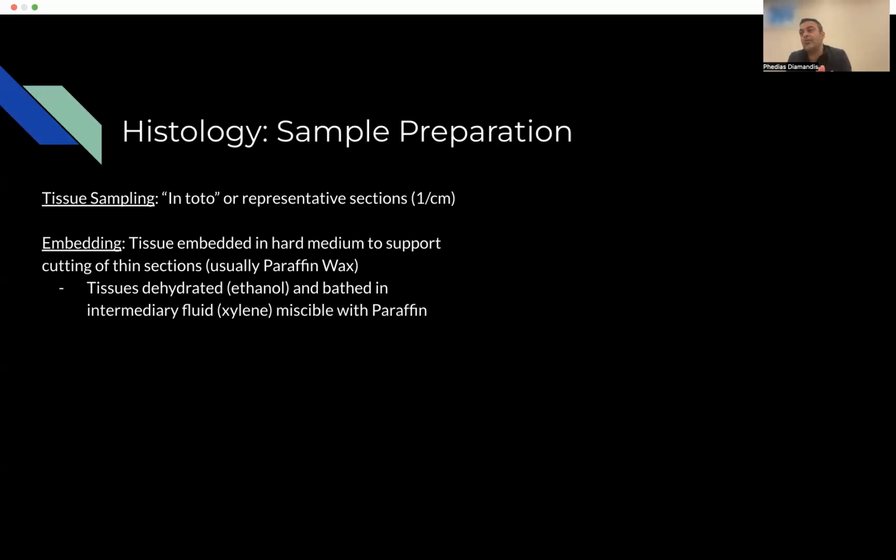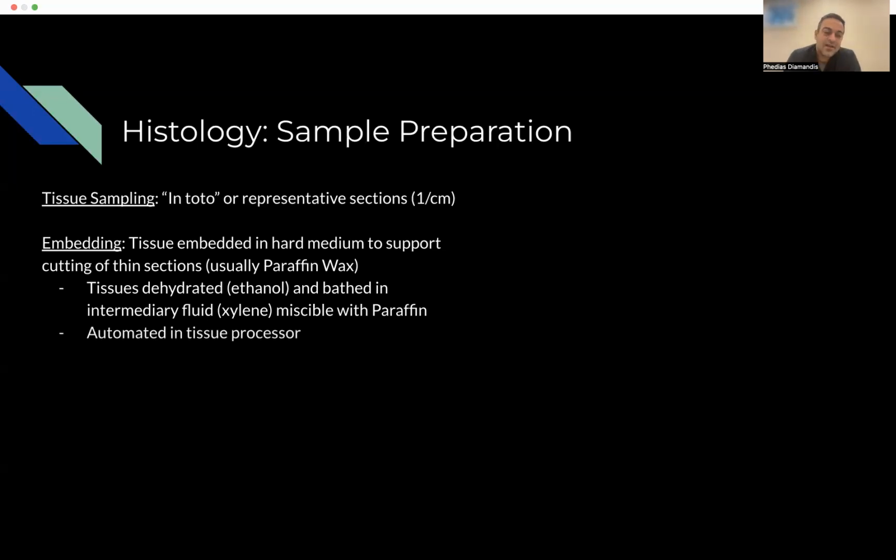So we now need to transition the tissue from this aqueous state into a more hydrophobic state that will allow the wax to penetrate the tissue and preserve it in this firm medium. To do that, we need to dehydrate with ethanol and then run it through an intermediary fluid called xylene, which is miscible with paraffin.